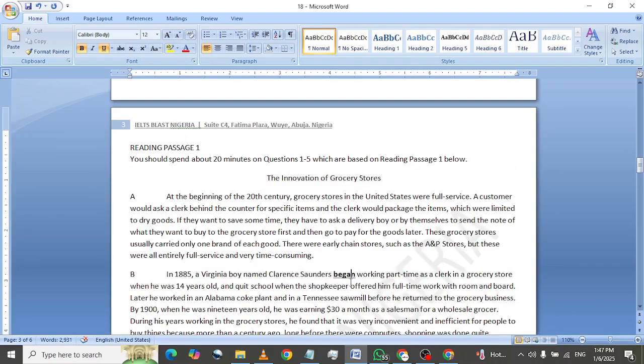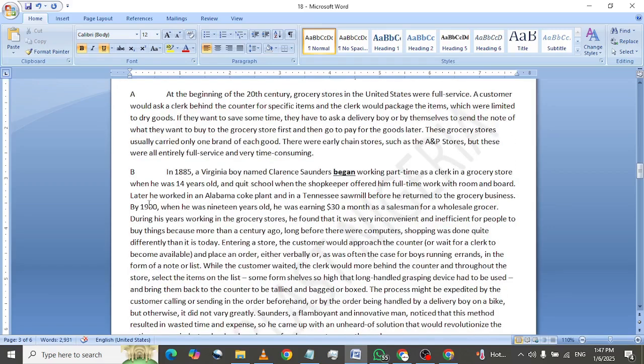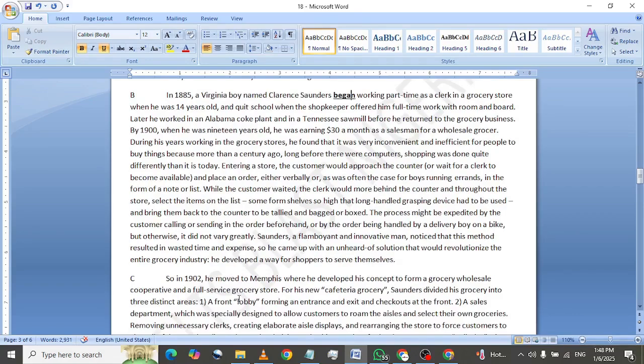Let's underline that. Let's keep scanning for keywords. I'm trying to avoid reading the whole paragraph. I just want to scan for keywords, then pay attention to that part, so that I will not waste my time on it.